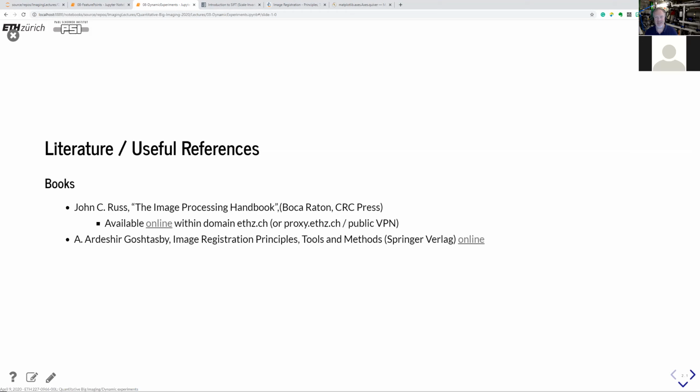I think that is probably the book that covers most methods in the topic of image registration. You can download it from Springer Link, and you get the link down here. So if you're interested in registration, here we'll probably have the theories that you need.